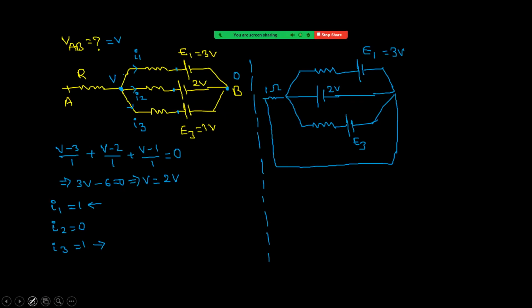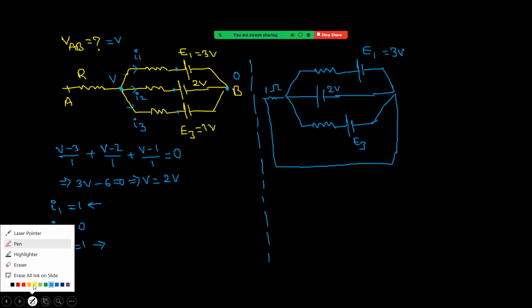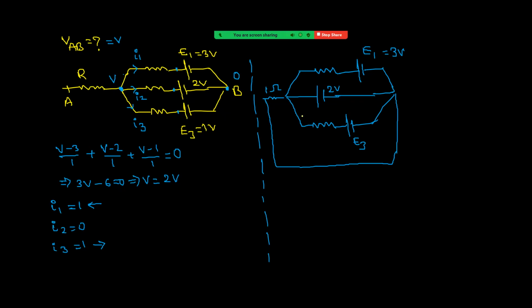Now see what we can do. This is also a very simple one. Here, between this point and point B, the potential difference is equal to 2 directly. I am repeating, students, between this point and this point, the potential difference equals 2. That means across this is 2 only, across this also 2 only.